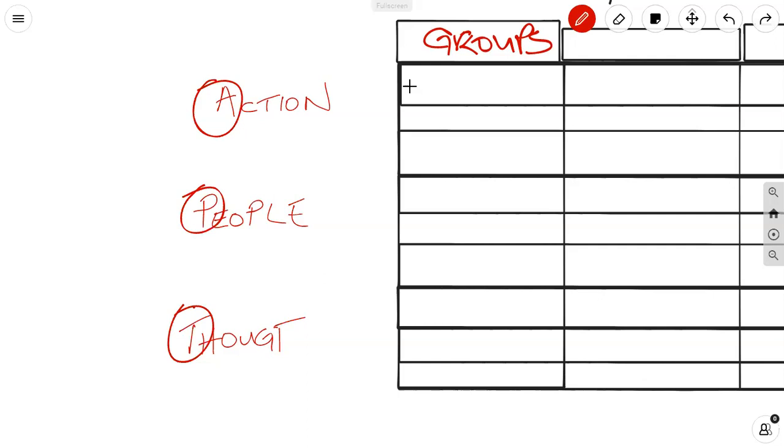Now, we have 3, and the acronym that you can remember is SICK. We have 1, the shaper. The shaper whips people into shape. And when you think about the shaper, this person is very dynamic, passionate.